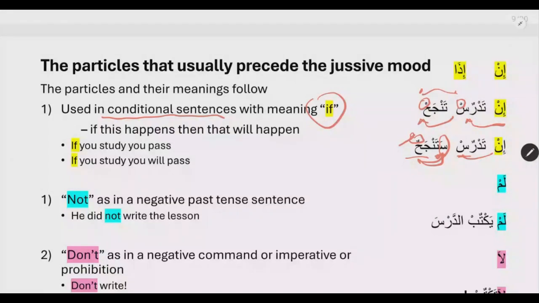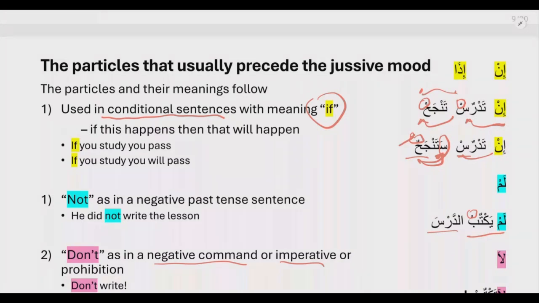Okay, so this particle in is used as one that introduces a jussive. The other one is lam, and you use lam plus yaktub. Can you see he did not write the lesson? This lam introduces the next verb in the jussive mood. And then the la is used as a negative command or an imperative, right? Where you're telling somebody, don't do something, don't write, don't sit, don't sleep, whatever.